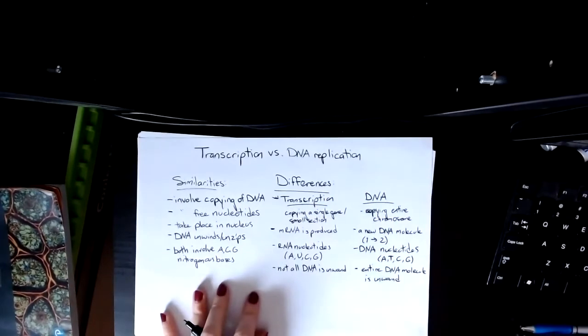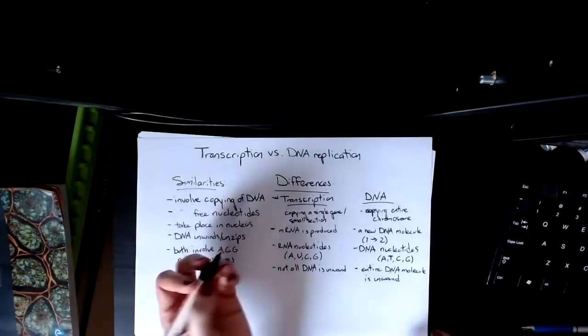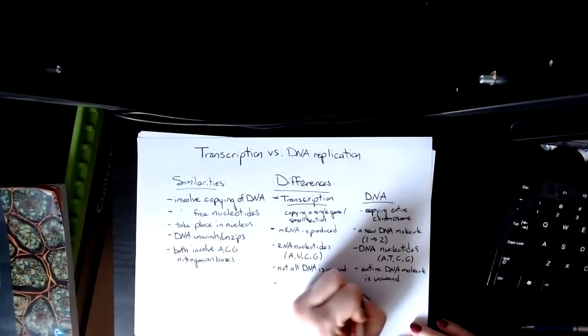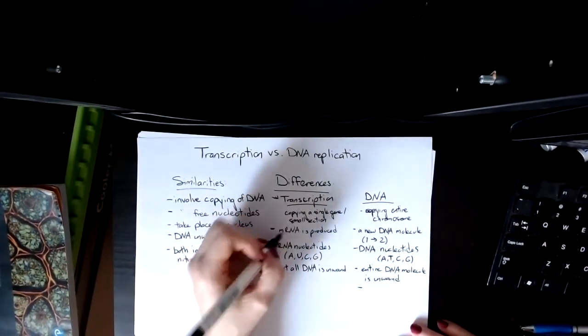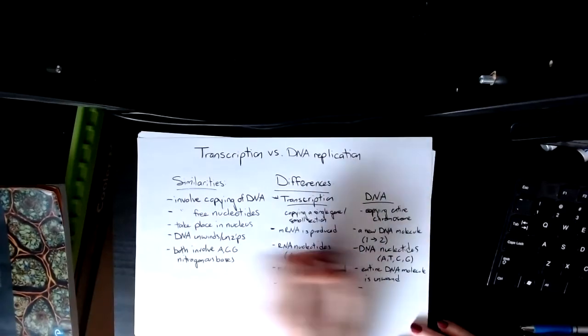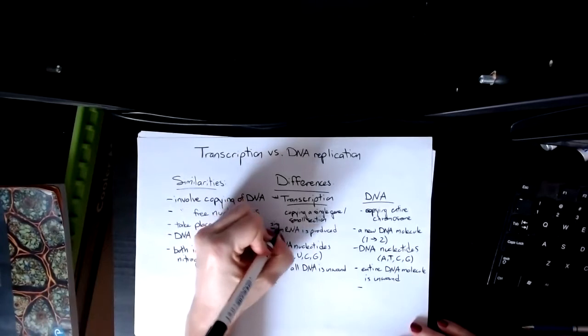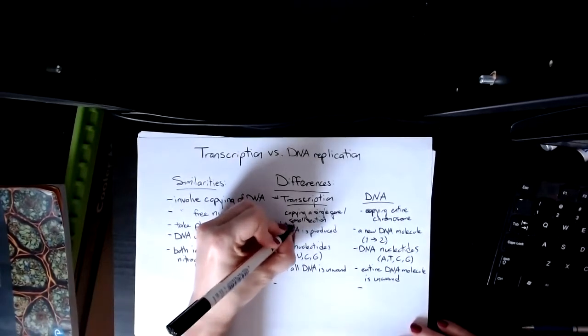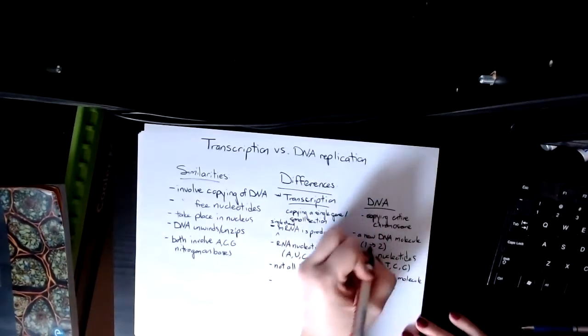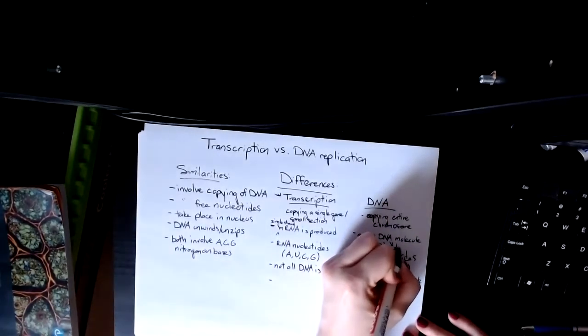Other differences: not only is mRNA produced versus DNA, but a single-stranded molecule is the final result in transcription, whereas the DNA molecules are double-stranded.